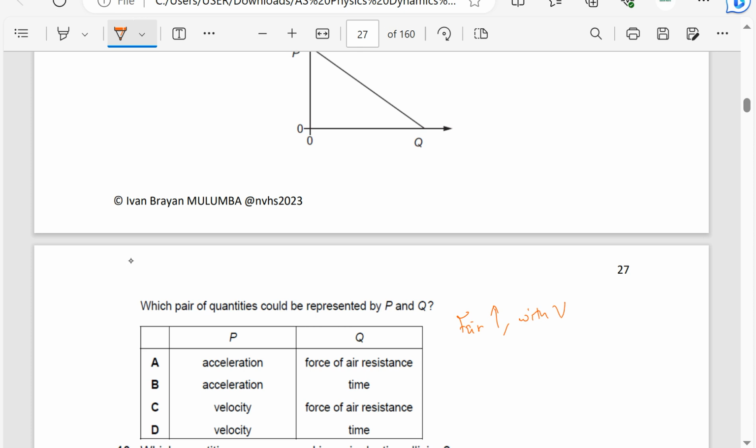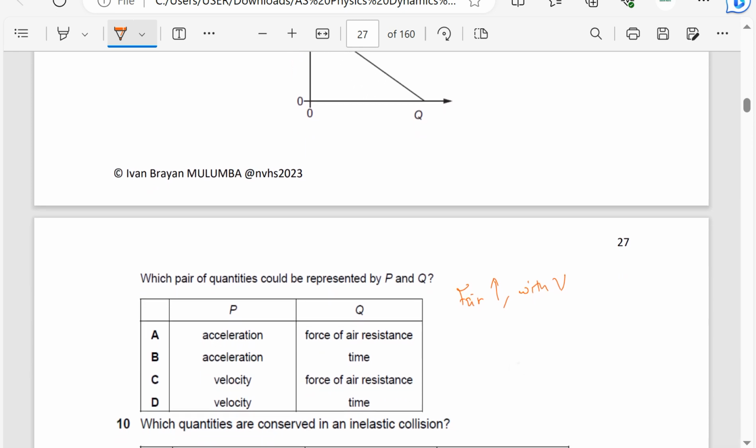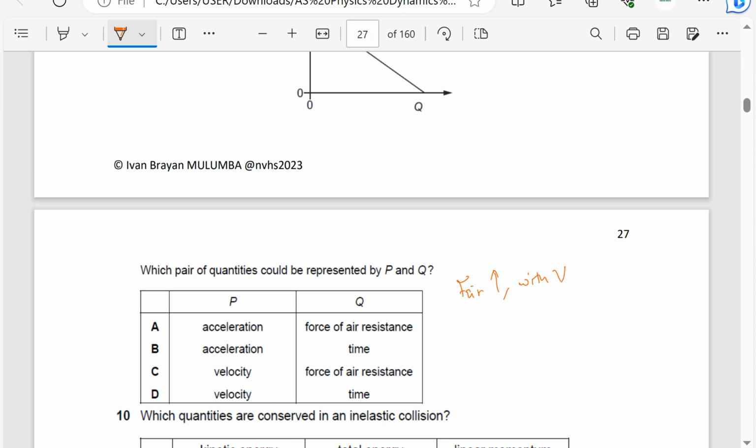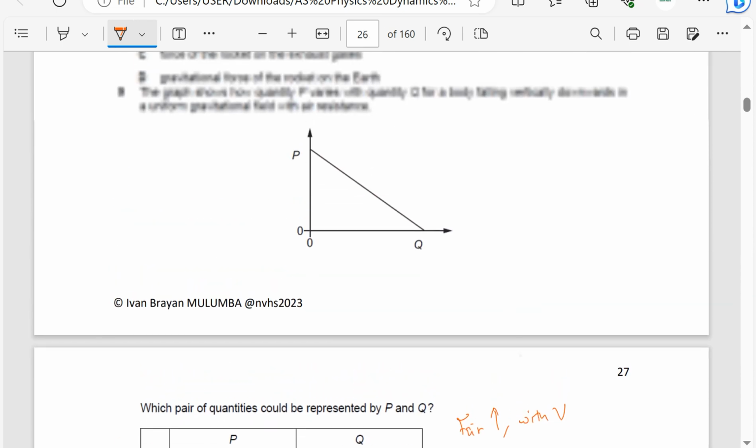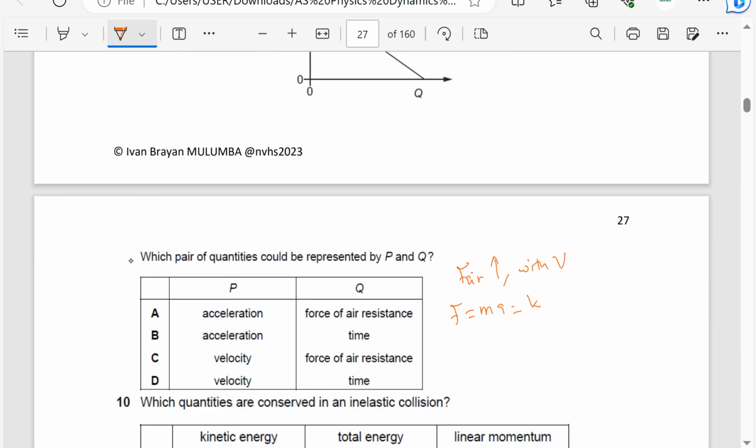So if the force due to air resistance increases with the speed, Q is force due to air resistance, and P is acceleration. Remember the resultant force, which is mass times acceleration, is going to be the weight minus the force due to air resistance.